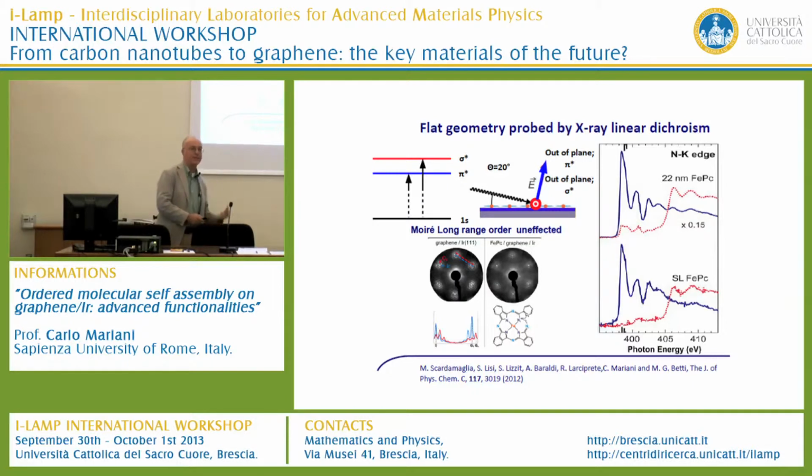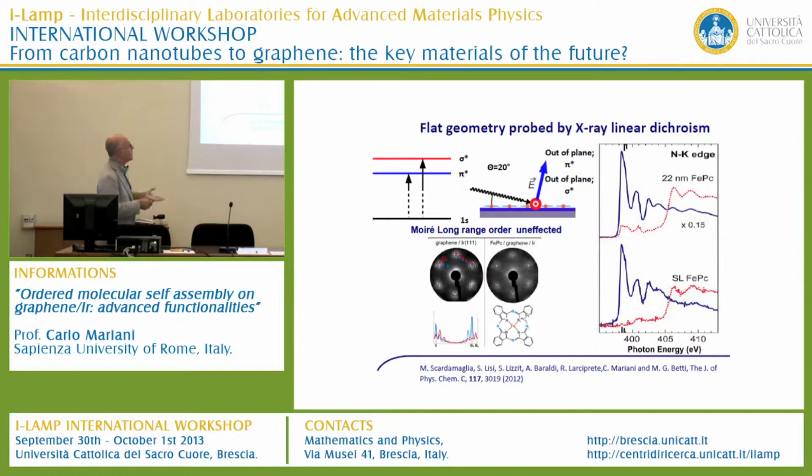So you have a definite polarity and definite symmetry. And this strong dichroism, by changing the orientation of the electric field vector, allows us to say that this layer is very, very flat, and the line shape also tells you that there is no strong interaction. So the molecules are flat, they are ordered, but there is not any strong interaction.